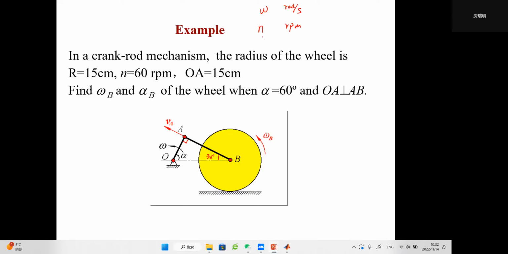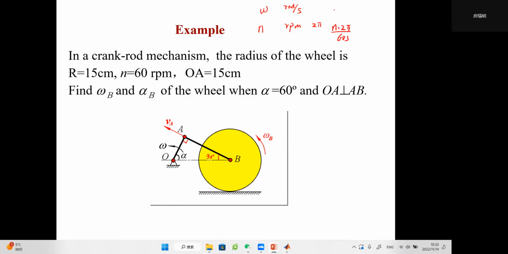So if we try to change n into omega, one revolution is 2 pi radians, and 1 minute equals 60 seconds. So we just need to use n times 2 pi over 60 seconds.